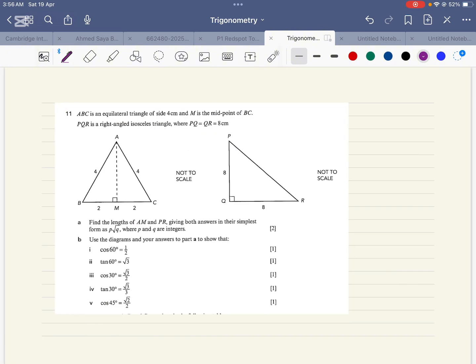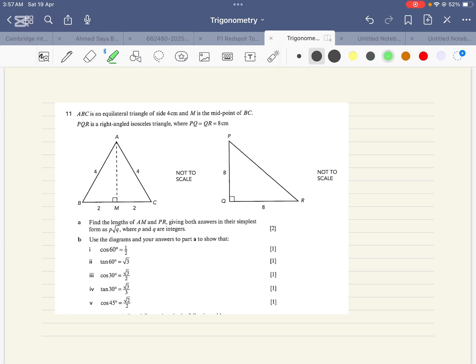ABC is an equilateral triangle of side 4 centimeter and M is the midpoint of BC. PQR is a right angled isosceles triangle where PQ is equal to QR. Find the length of AM and PR, giving both answers in their simplest form.